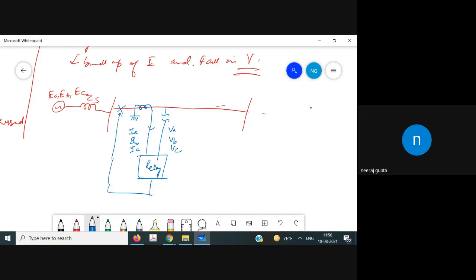Now, under the normal condition, take the case of current IA only. Current IA would be equal to EA divided by ZS plus ZL, where ZS is the source impedance and ZL is the line impedance.